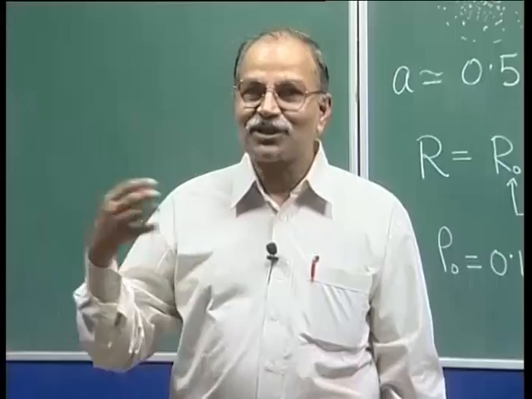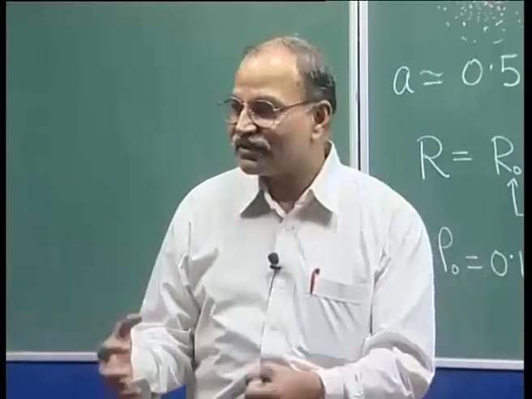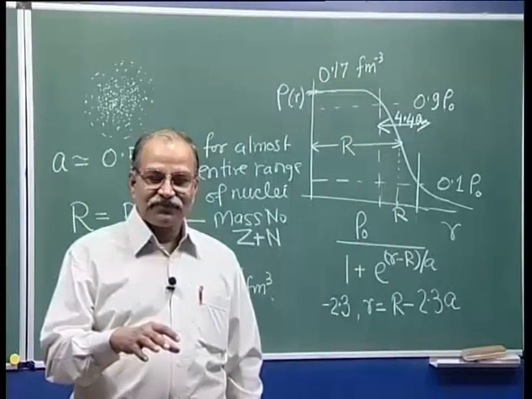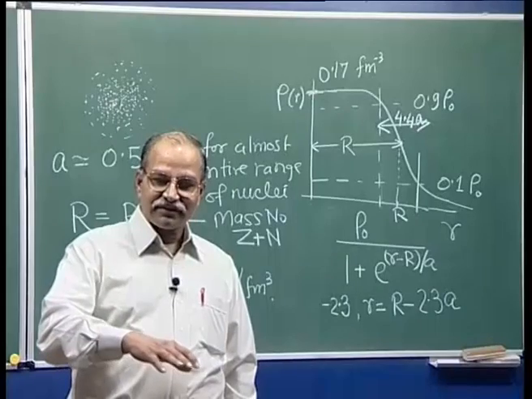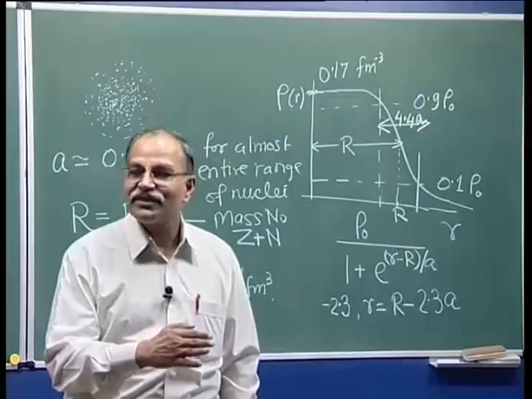Just like say Earth's core, Earth is there because of gravitational attraction. So, the density at the core is much higher, and as you come towards the surface, the density starts decreasing.